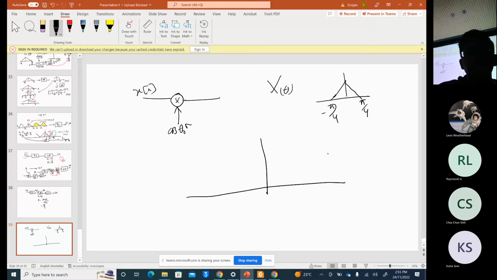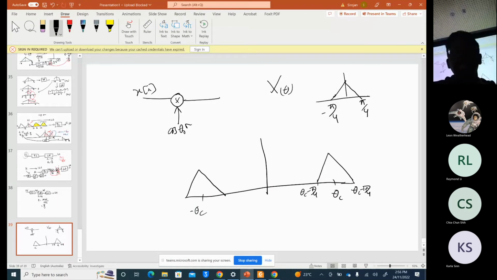So it is shifted to theta c and minus theta c. So this is theta c plus pi by 4, and this is theta c minus pi by 4. Okay, so that is the modulation. I hope I covered most of the content.